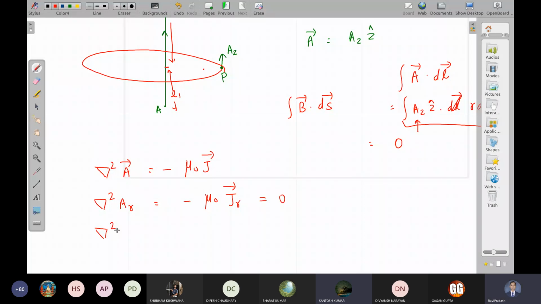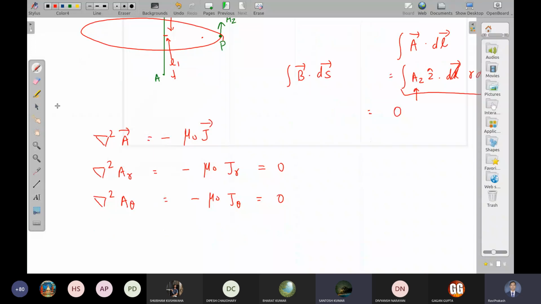Del square A theta minus mu naught, I mean, there is no vector now. A theta. Any component along theta direction? No. This is also zero. We have only one equation which has some contribution.